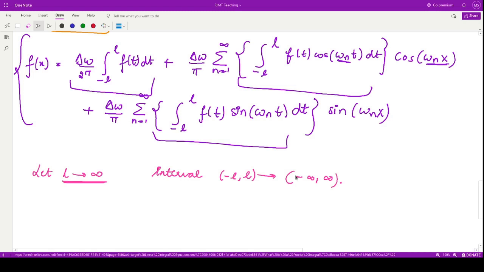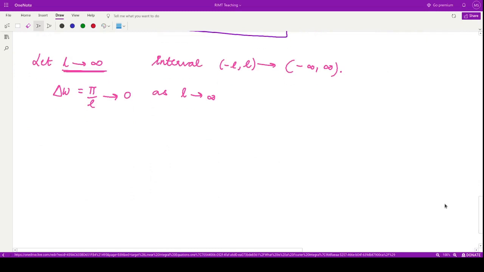So if you perform this L tending to infinity, your term delta omega, which was defined to be pi by L, will tend to 0 because L is tending to infinity, right? Clear with this?